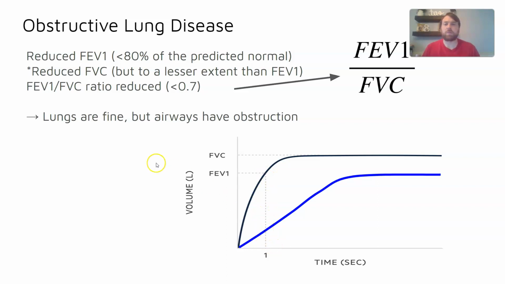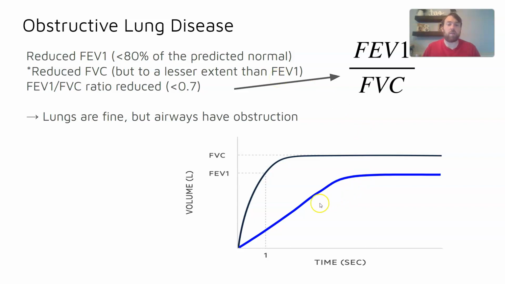Something is wrong. But something that often happens with obstructive lung disease is that the lung itself is working fine. It has a normal vital capacity, and this forced vital capacity might be only a little bit reduced, to a lesser extent than the FEV1 was down low.